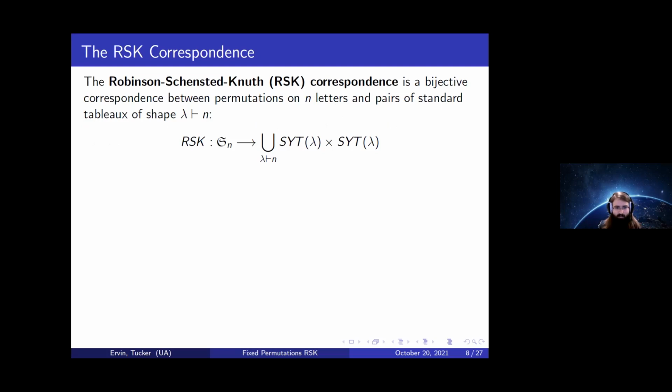Everyone just calls it RSK because it's like 10 syllables. And we get this bijective correspondence between permutations on n letters and pairs of standard tableau of shape lambda that are partitions of n. So for every permutation, we get 2 really nice tableau of the same shape.